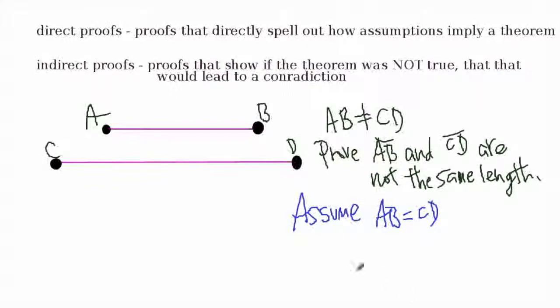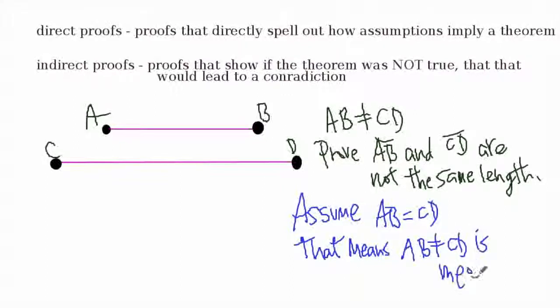Okay, that means that AB does not equal CD is impossible. But we just said that had to be true. Okay, so therefore it's not possible that AB equals CD, because that would contradict our assumption.